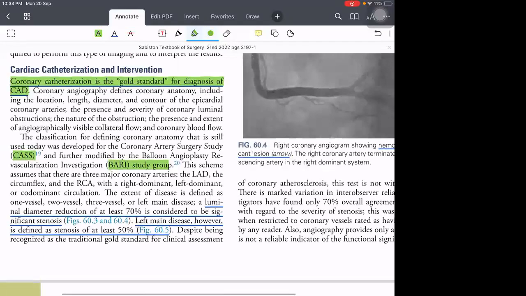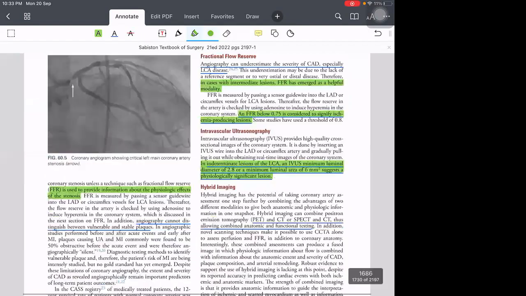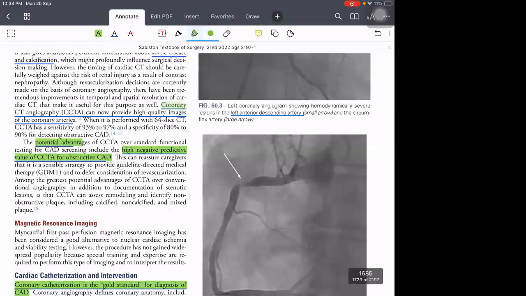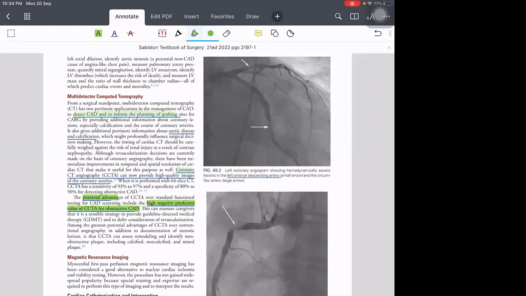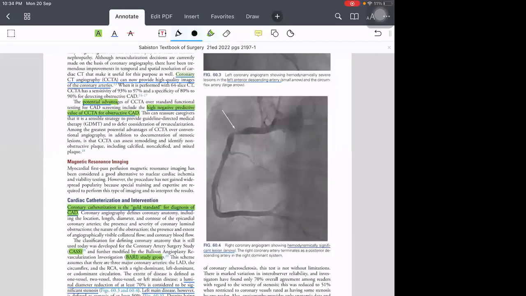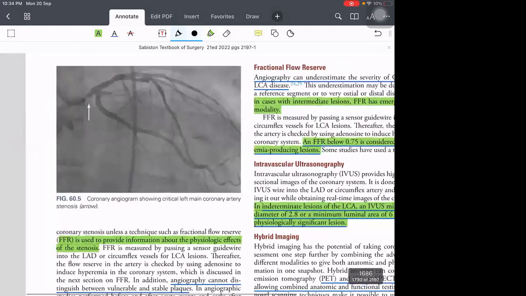For coronary catheterization, they mention two studies, the CASS study and the BARI study. These are the images: left coronary angiogram showing hemodynamically severe lesions in the LAD and the circumflex artery, a significant lesion in the right coronary artery, and a critical left main stem lesion.